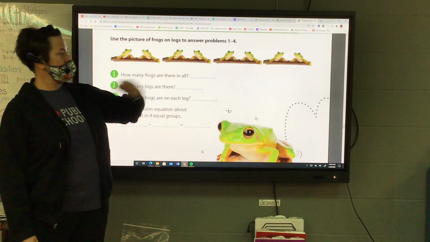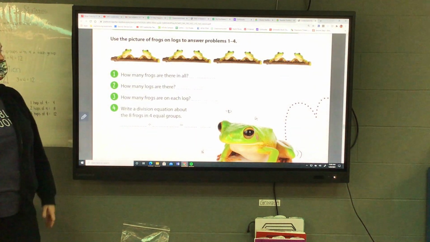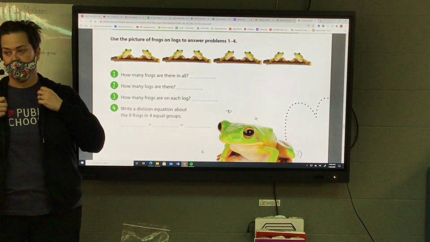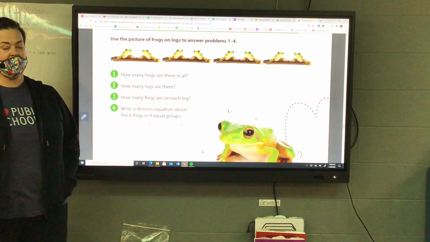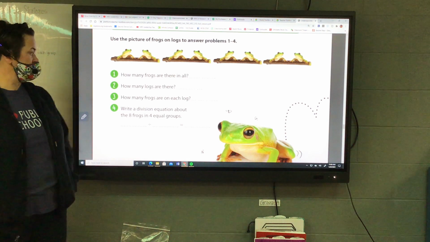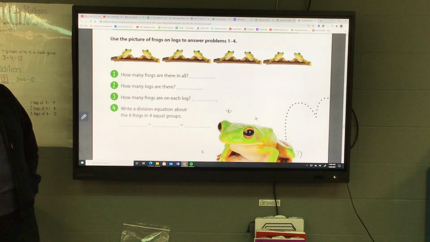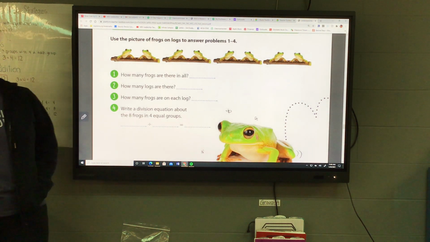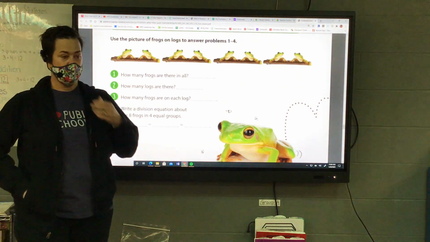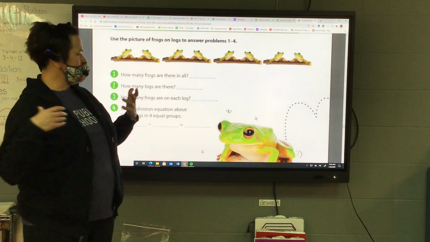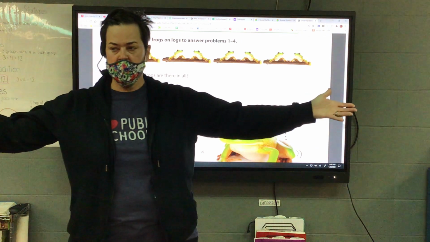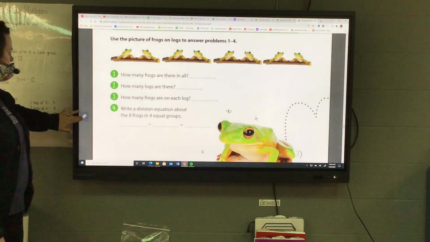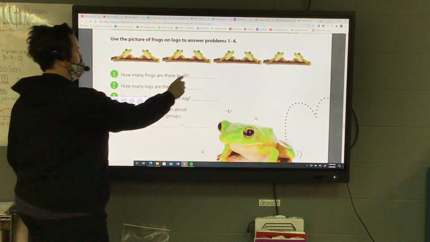Write down how many frogs there are in all. That's our dividend. You got that? Everybody, how many frogs are there in all? 8. I agree with you. There are 8 frogs in all.